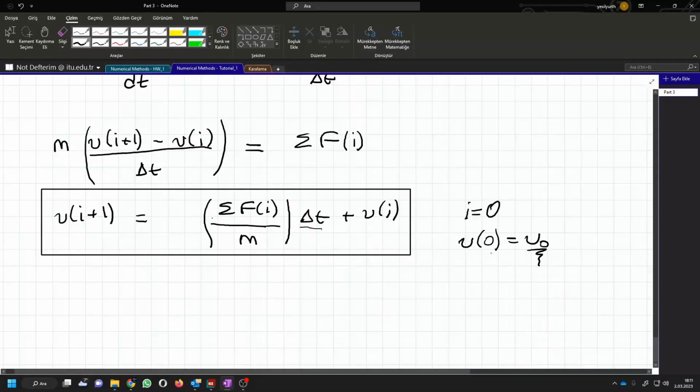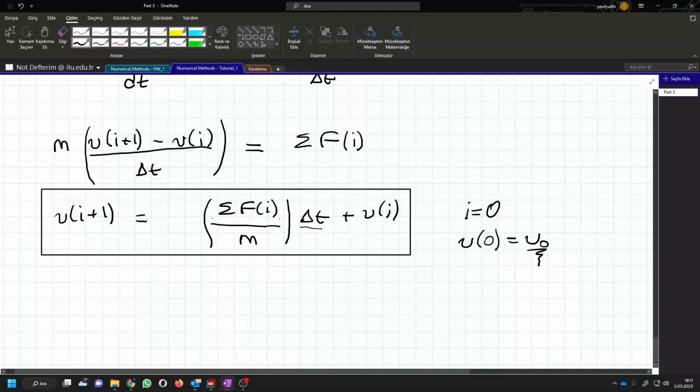So I know v0, put it here. I know the forces acting on the body at time 0, which means i at 0. I know my mass. I already know the delta t of my solver because I put it on the solver.